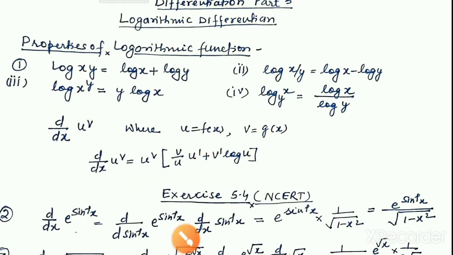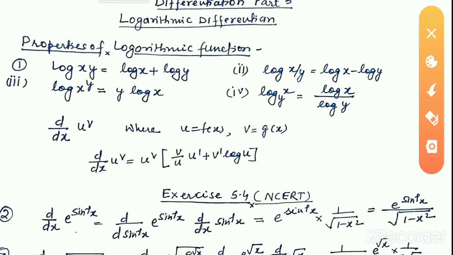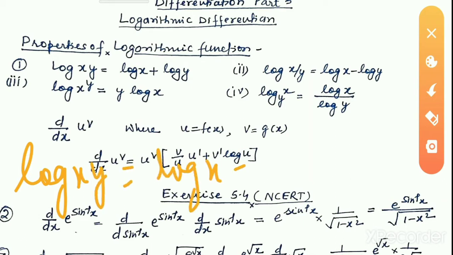Now we shall discuss properties. Log of x into y is equal to log x plus log y, whatever may be the base. Here x and y should be in product form, in multiplication form.